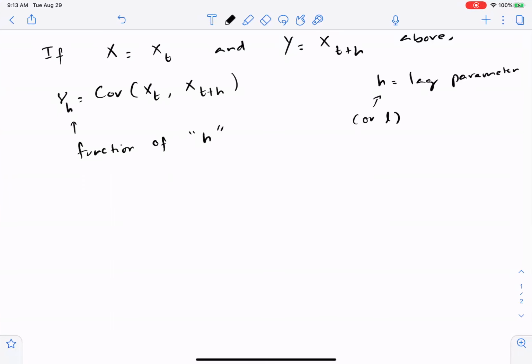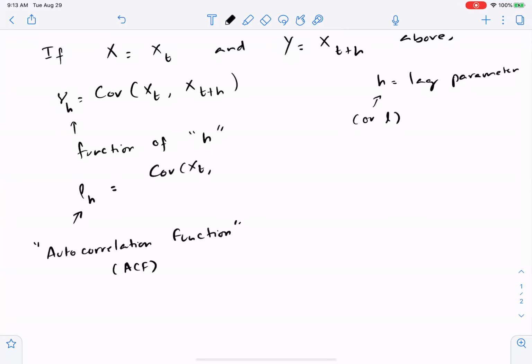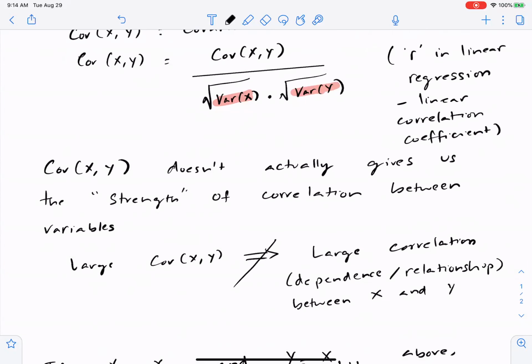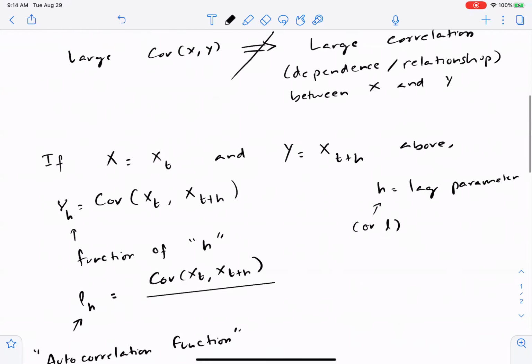So using the same logic, rho H, which is the autocorrelation function this time, ACF, is simply covariance of xt comma xt plus H divided by, going back up here, all you're doing is replacing x by xt, y by xt plus H.